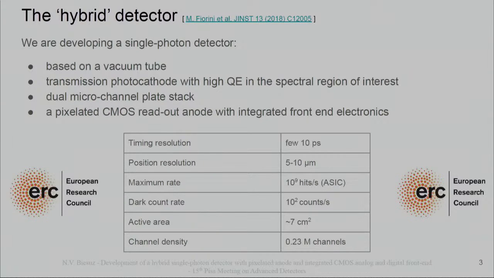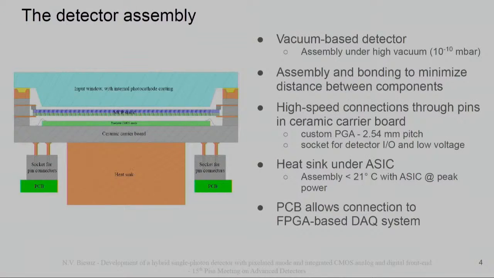And we expect a low dark count rate, so 100 counts per second. And of course, here you have the number of channels divided by the area of the ASIC, and it is 0.23 mega channels.